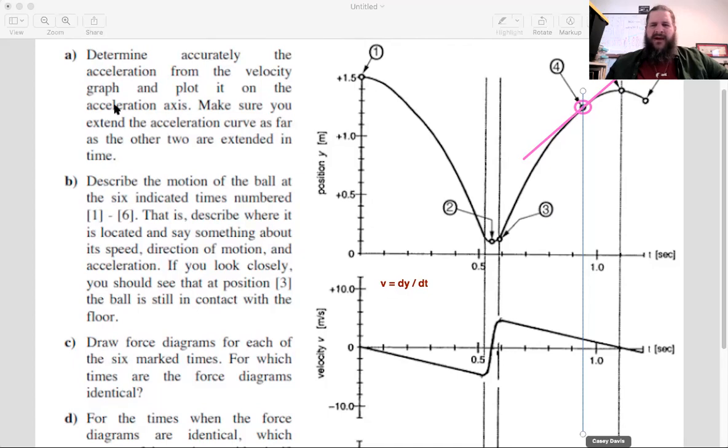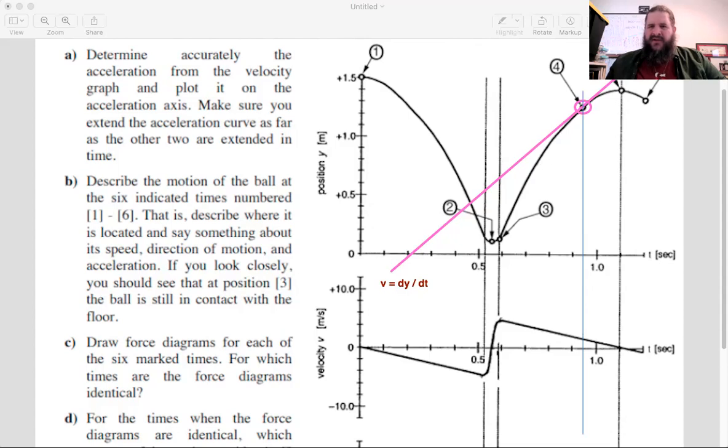For instance, if we were to actually measure this slope, let me see if I can extend this further out. That looks like about tangent. Now that we've drawn in the tangent line, you could take any 2 points on the graph, or any 2 points on this line.